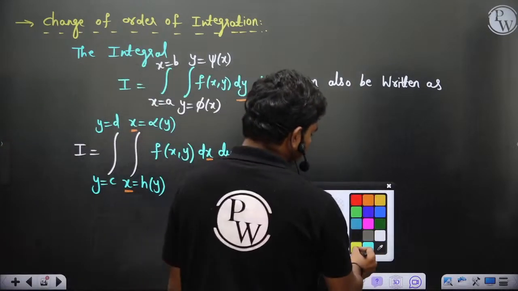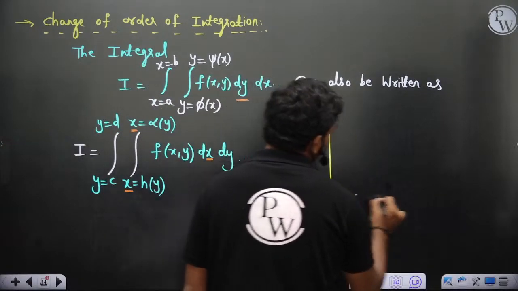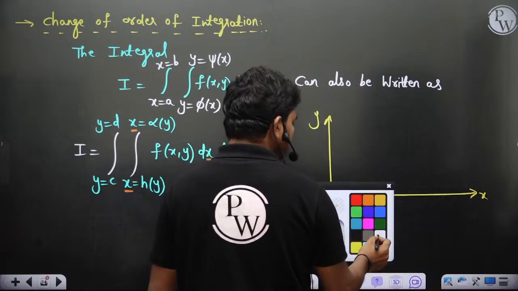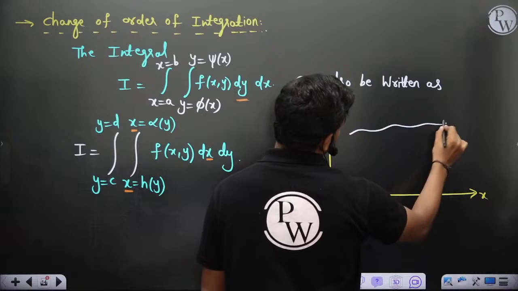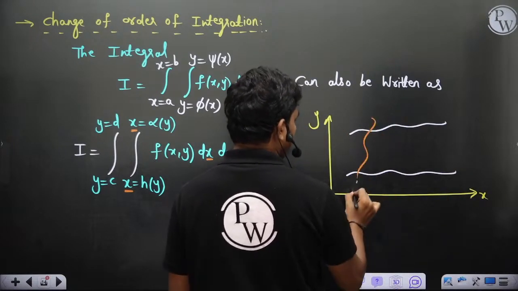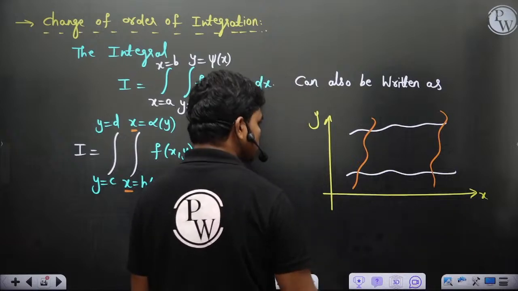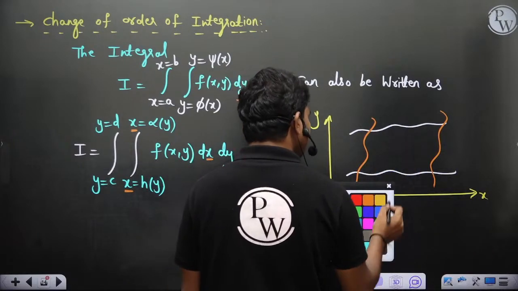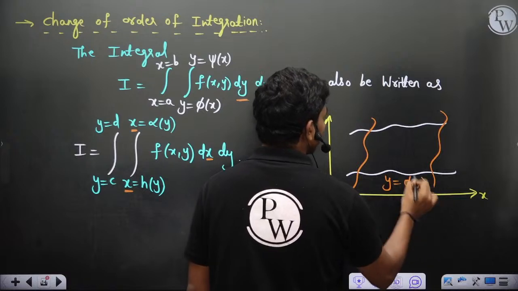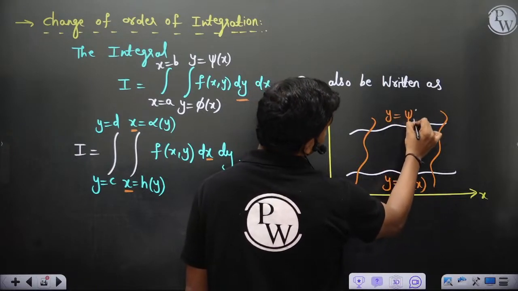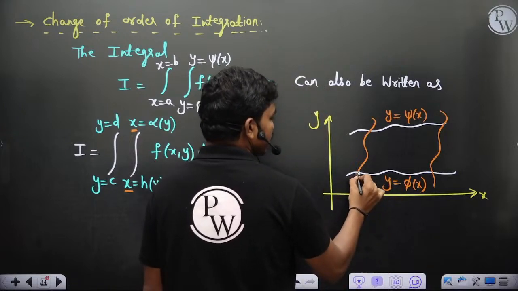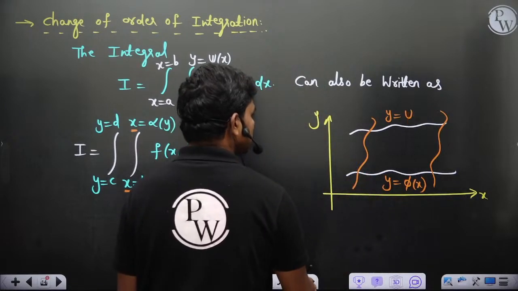So which tells you in general, so let's say this is x and this is y. So let's say there are 4 curves which are bounded something like this, okay? So there is a region which is bounded. Then in that case, let's say this is y is equal to phi of x and y is equal to psi of x, okay?